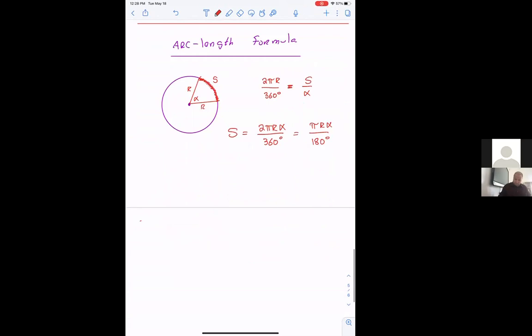So let's do a quick example. Find the length of the arc of a circle with radius 2 centimeters and central angle alpha 120 degrees. Of course, it is important, so I should specify this, that it has to be a central angle. The angle has to be from the center of the circle.